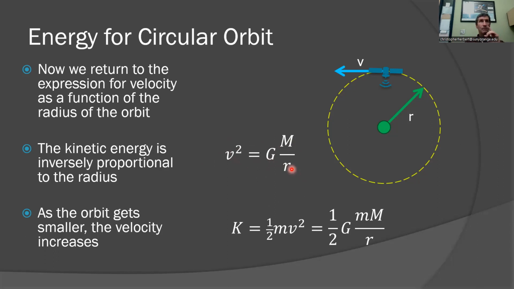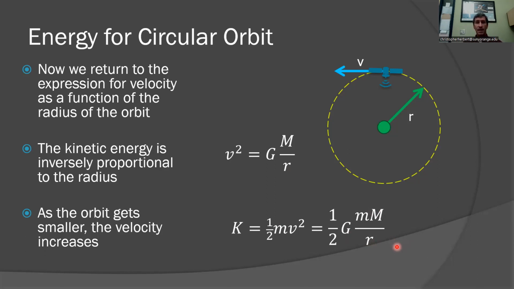What's interesting is that the potential energy for an orbit is negative GmM over r. So as the kinetic energy is getting smaller and smaller, the potential energy, negative GmM over r, is getting less and less negative. It's getting larger, closer and closer to zero.